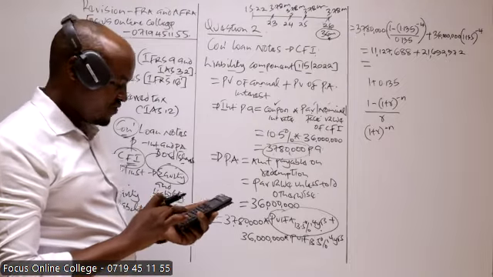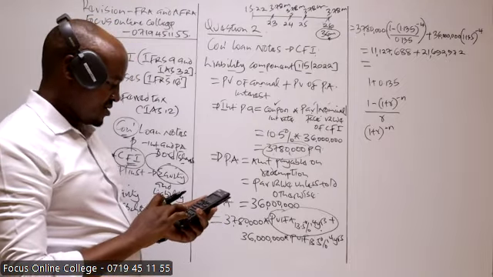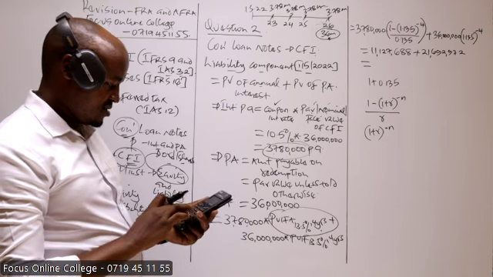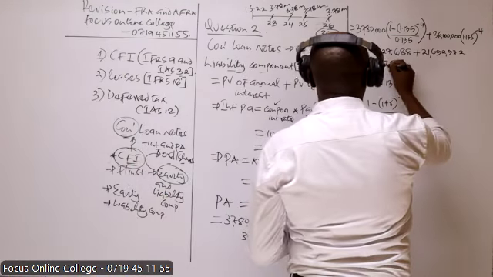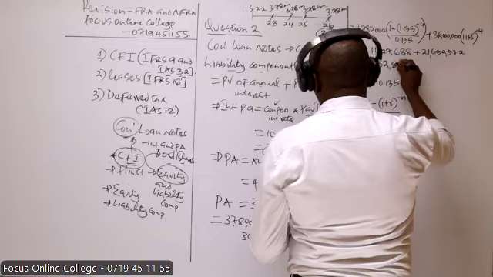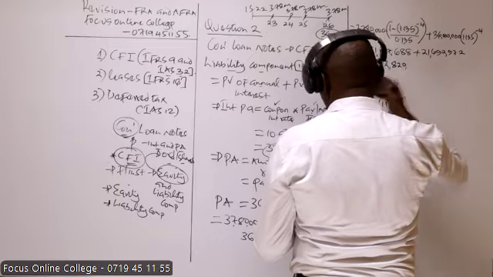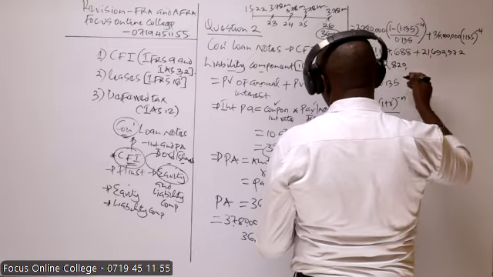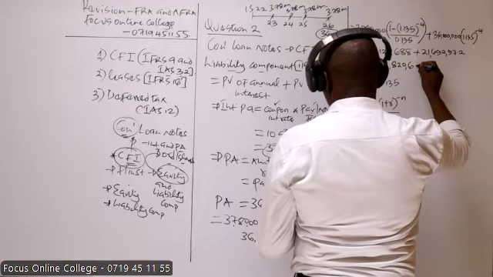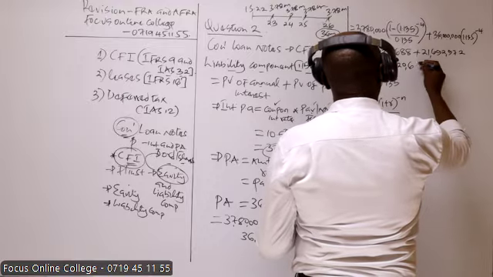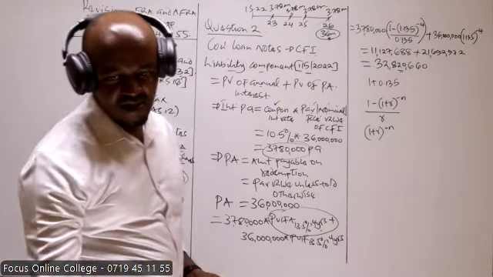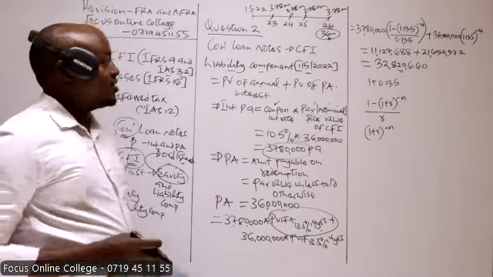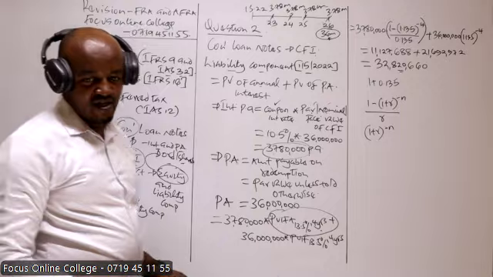Then let's add the two values. In this case I'm getting 32,820,660. Yes, so that is basically how we compute the liability component.